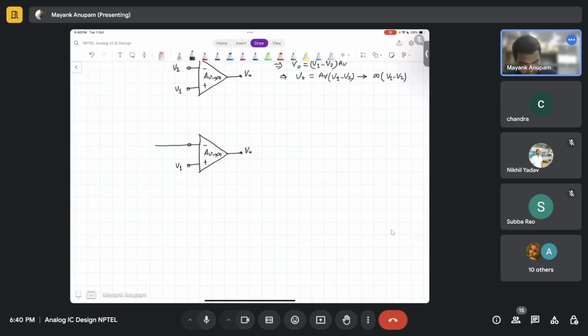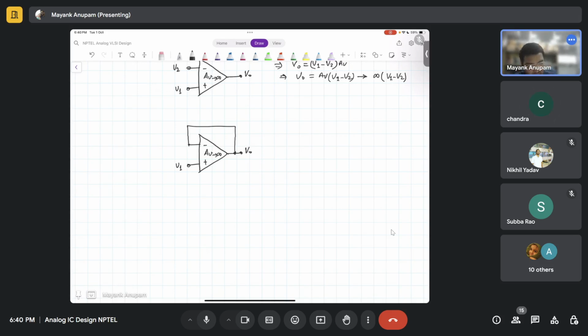For the time being, just assume it is in this manner, just a simple thing. Fine, this is how you connect negative feedback, right? You connect the output to the negative input of the op amp. So this is a negative feedback.